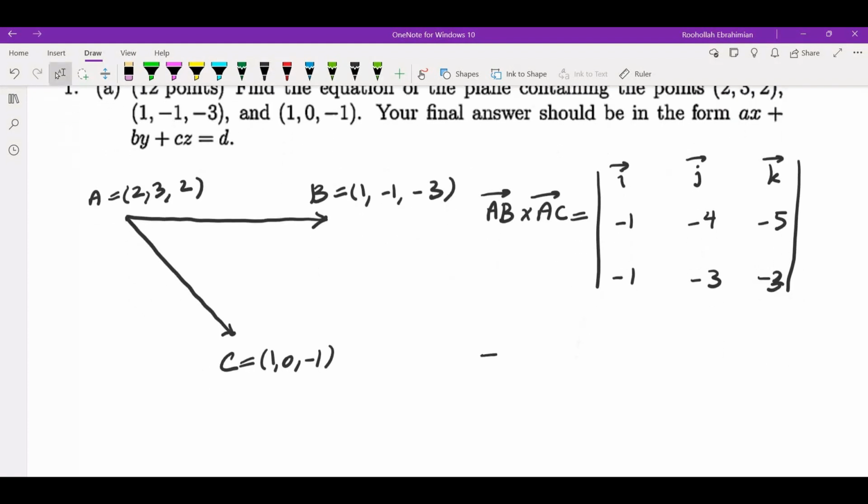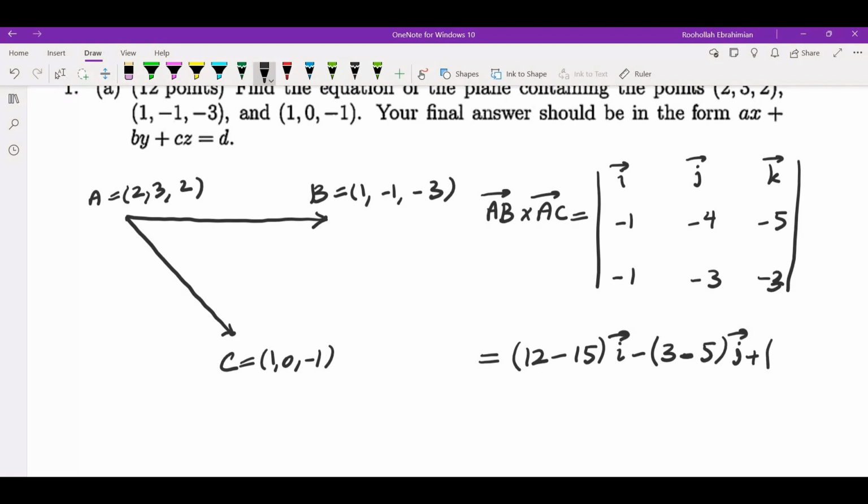Okay, so let's go ahead and evaluate this normal vector. So we would get 12 minus 15 i, minus, eliminating the second column, we get 3 minus 5j.